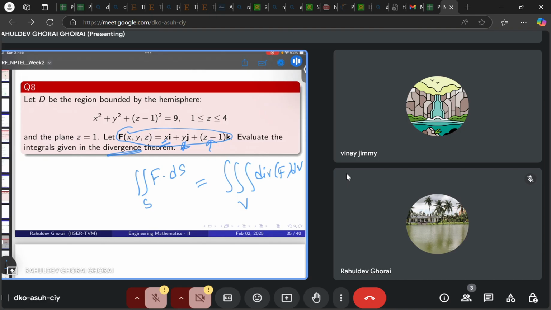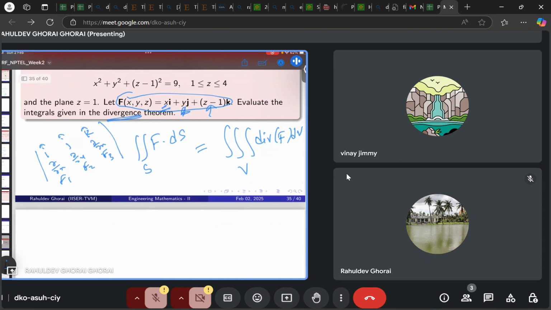For curl, you write i cap, j cap, k cap, then del del x, del del y, del del z, and then f1, f2, f3. Divergence is del f1 by del x plus del f2 by del y plus del f3 by del z. Remember, divergence gives a scalar and curl of a vector field is a vector again.